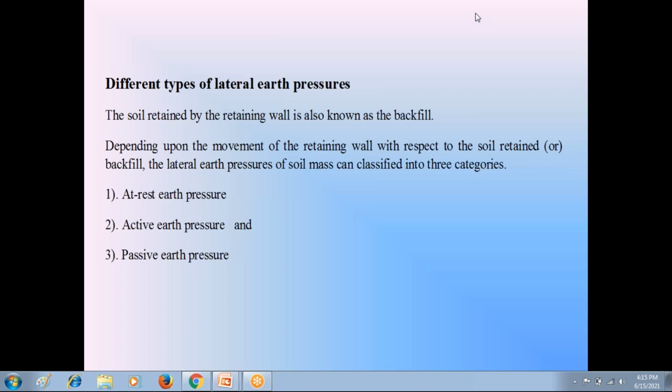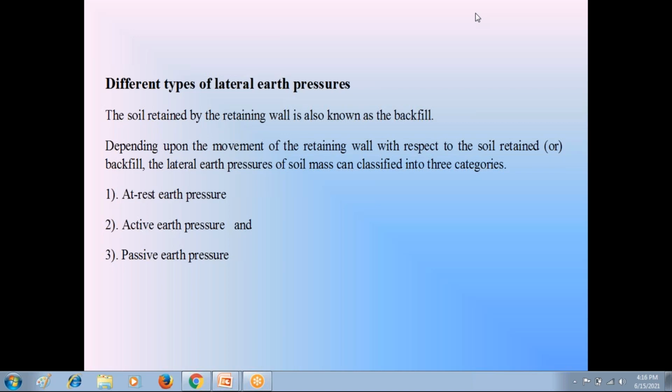One is the earth pressure on the retaining wall at rest condition. Next one is the earth pressure in active condition. Third one is the earth pressure in passive condition.